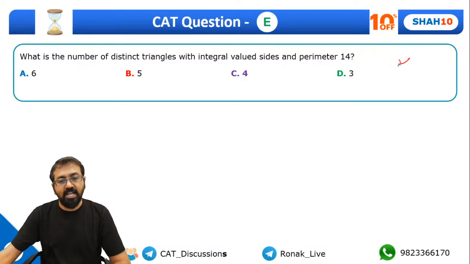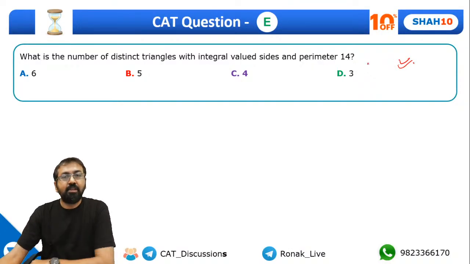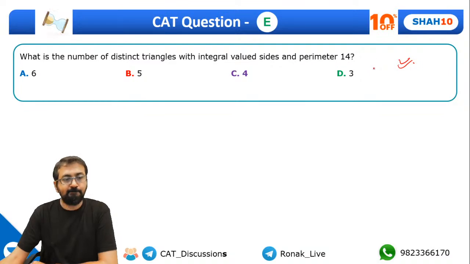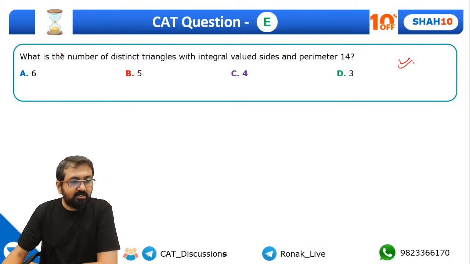Can you quickly answer this question? Everyone, please answer this question. Quickly. What is the answer? What is the number of distinct triangles with integral valued sides and perimeter 14 that can be formed?